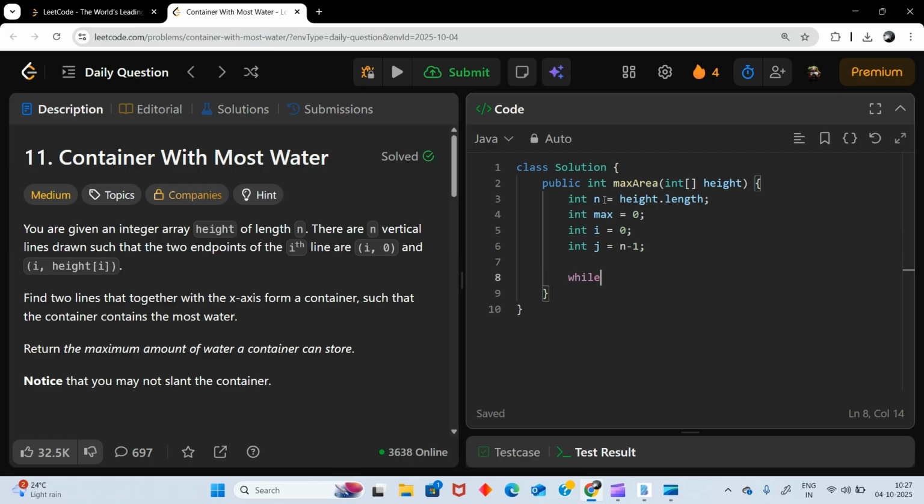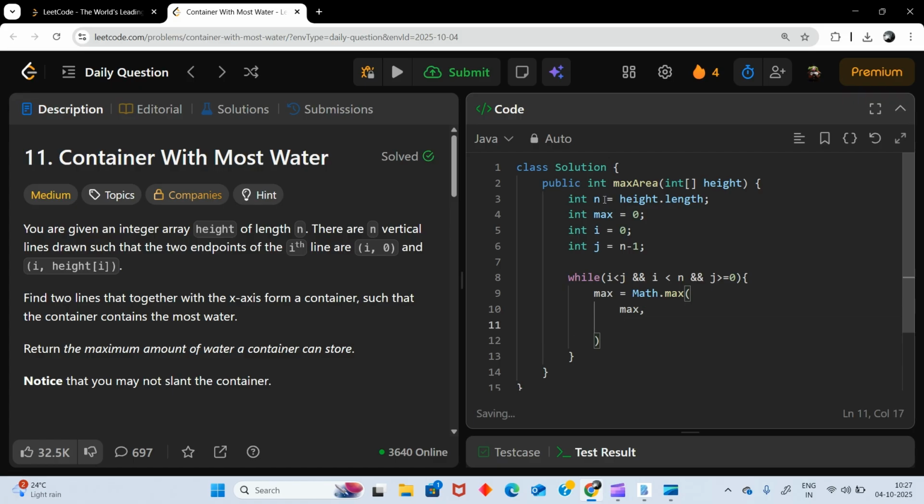While i is less than j, here what I will do: as we want to maximize the area, max will be Math.max of max, comma, the area.